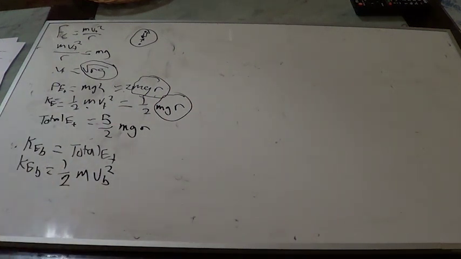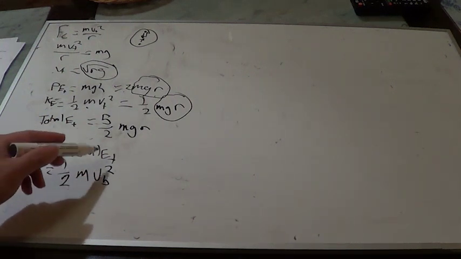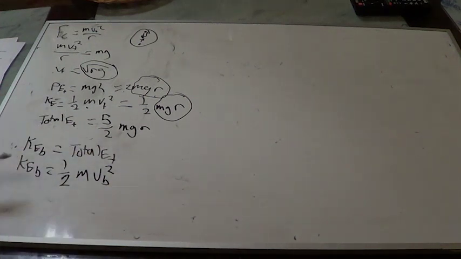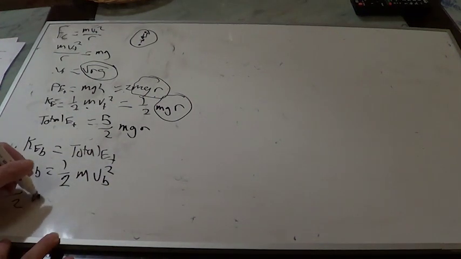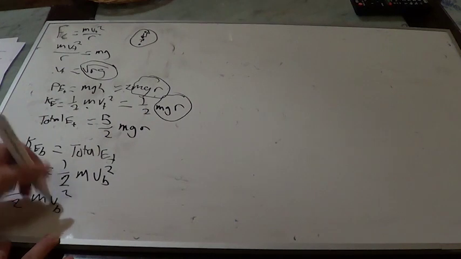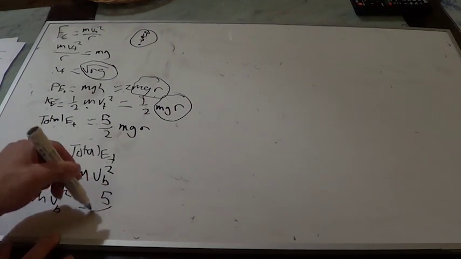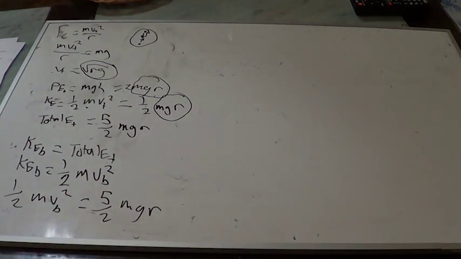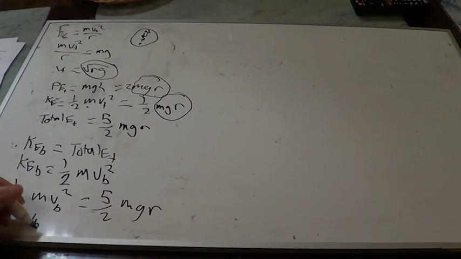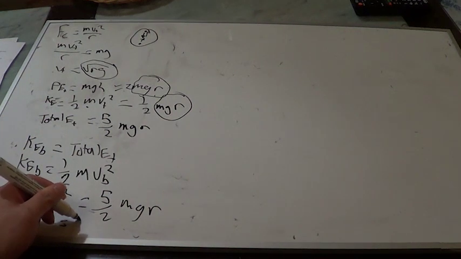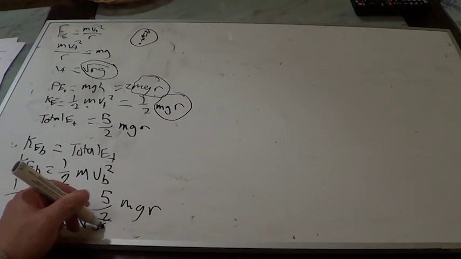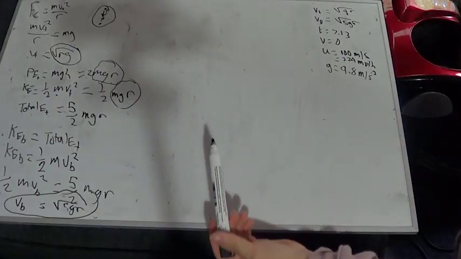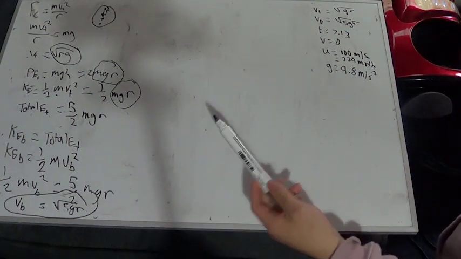So half m Vb squared is equivalent to 5 over 2 mgr, and simplifying, the velocity at the bottom equals root 5gr. Don't ask me about the change of location, I messed up the calculations, so I have to redo this video.